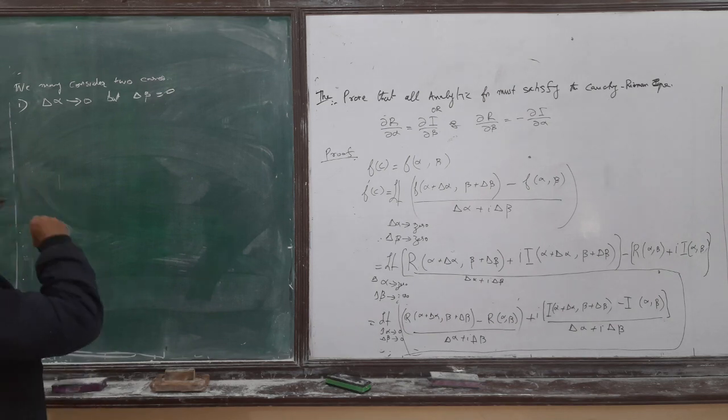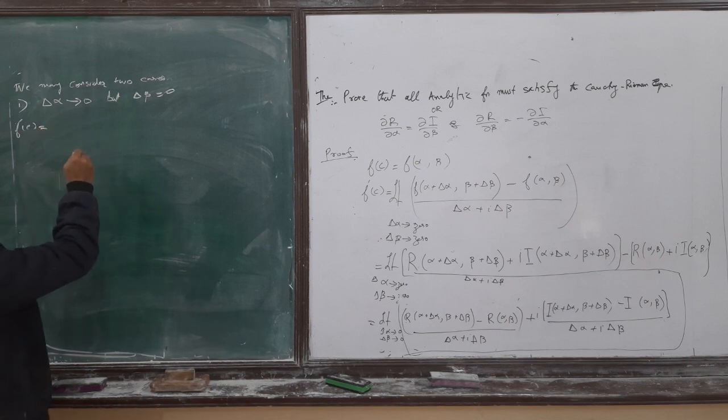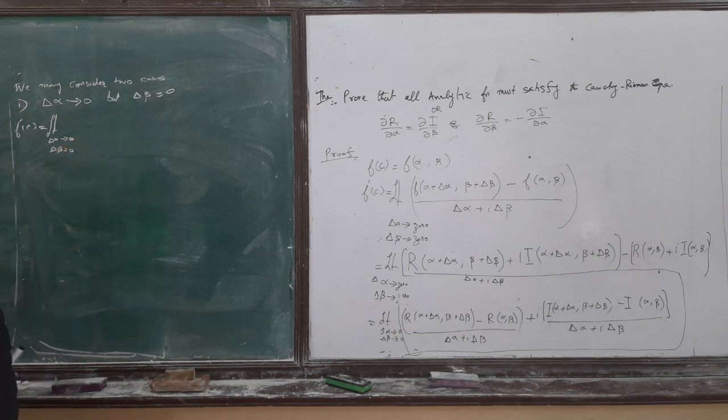So F'(C) will be equal to, yes, limit delta alpha approach to 0, delta beta exactly equal to 0.